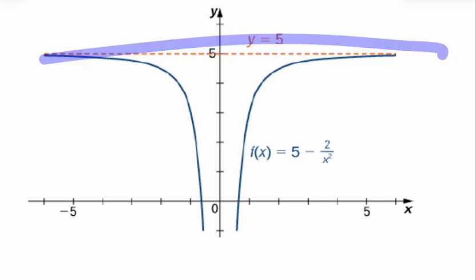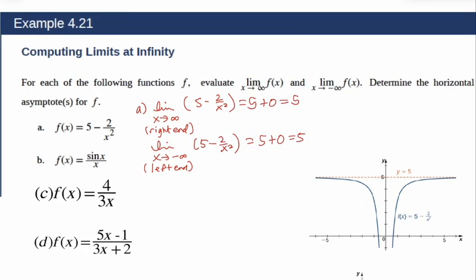So we have a horizontal asymptote for both ends at y equals 5. So example A has a horizontal asymptote at 5.